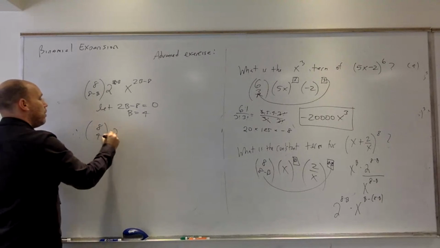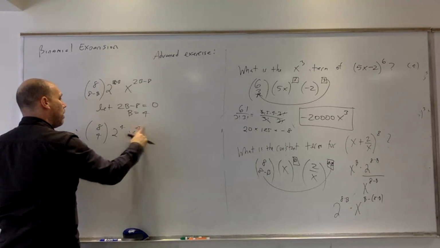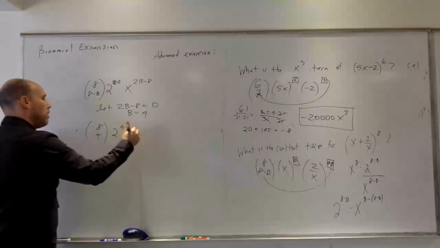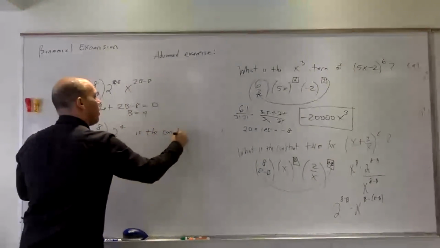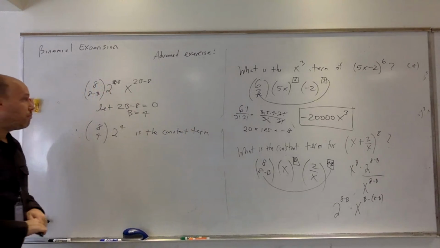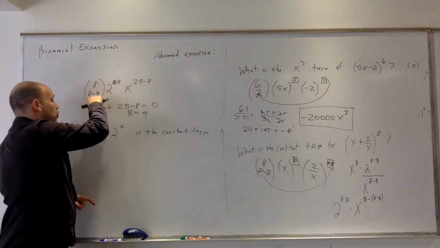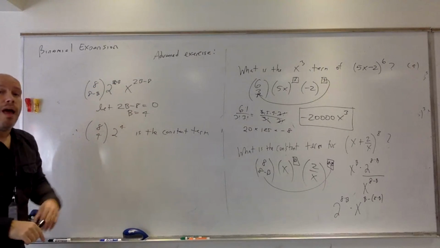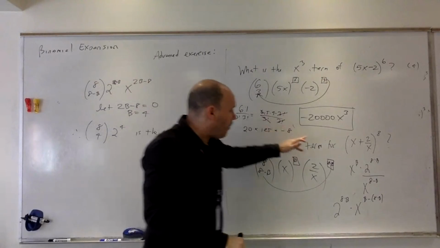Therefore, 8 choose 4, 2 to the 4th, x to the 0, is the constant term. This became 1. This is 2 to the 4th. This is 8 choose 4. We're done. And that's how you find the constant terms.